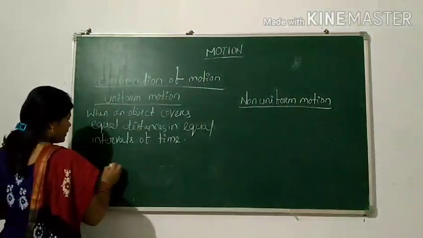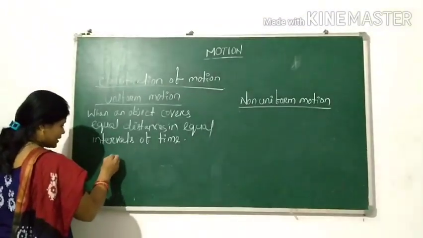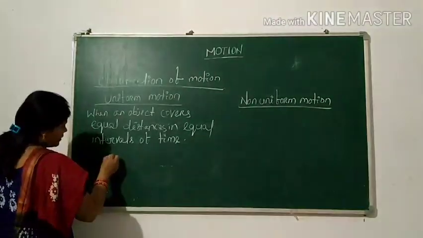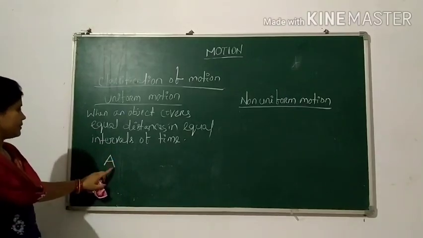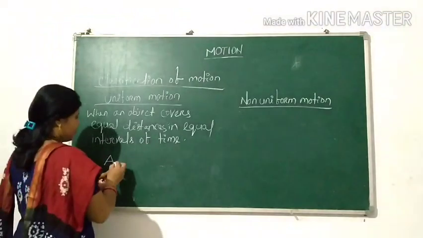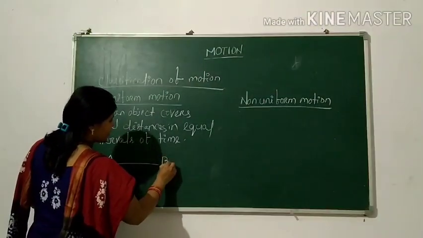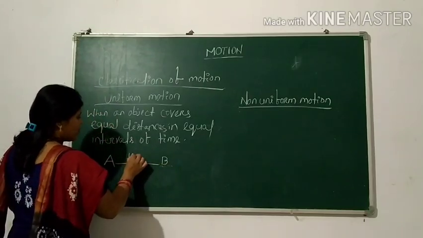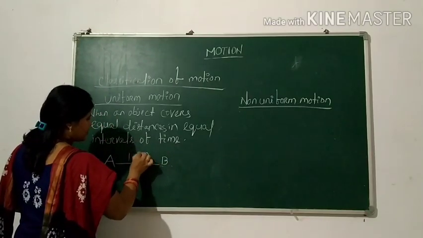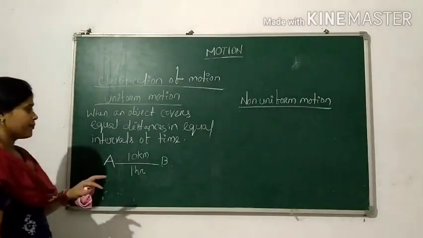So let us take another example. Suppose I am starting my car and the position is known as A. I travel 10 km and I reach B. So I travel 10 km and the time interval here is 1 hour.